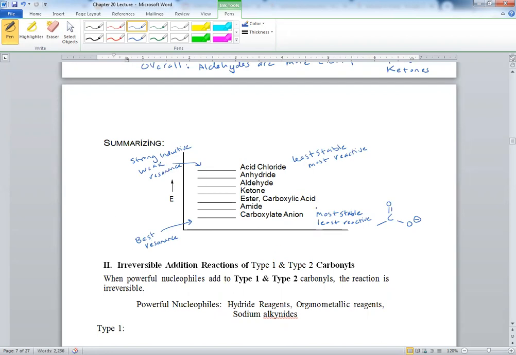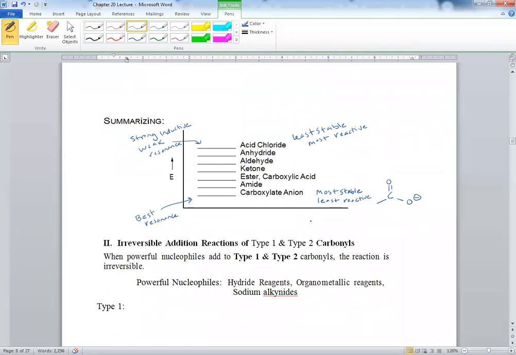So this is important. Keep this one in mind, because you might have a compound that has multiple functional groups, like an acid chloride on one end, a ketone on the other end, or an aldehyde, and so on and so forth. And you would have to choose which one would be most reactive to undergo the reaction from here. So the acid chlorides would be your best bet. The worst one would be the carboxylate anion. And then, of course, in the middle, we have the aldehydes and the ketones. They are not as stable. They are more reactive than the esters and the carboxylic acid.